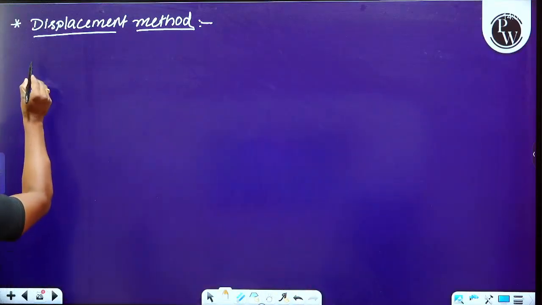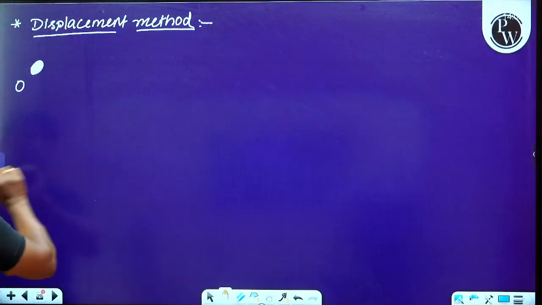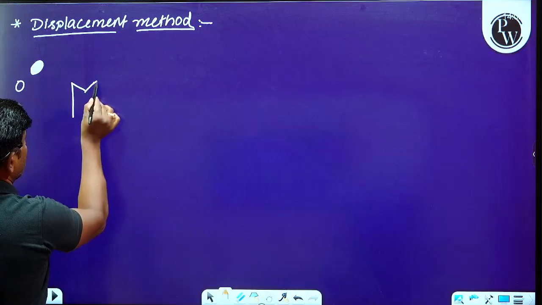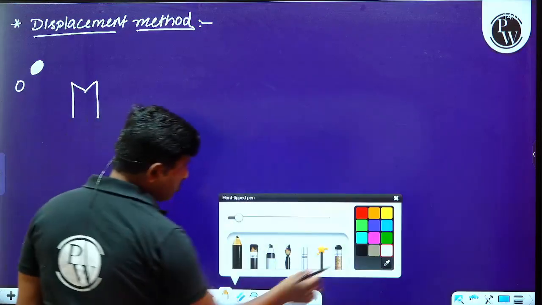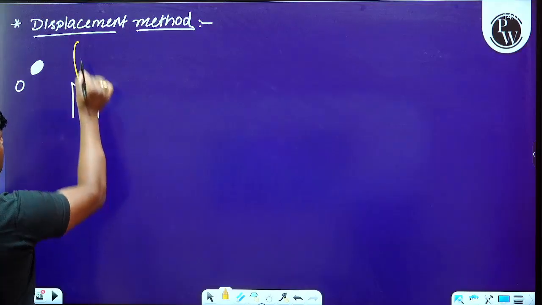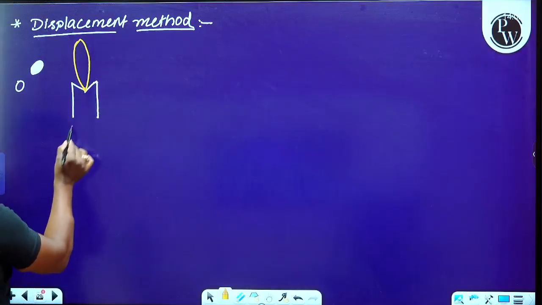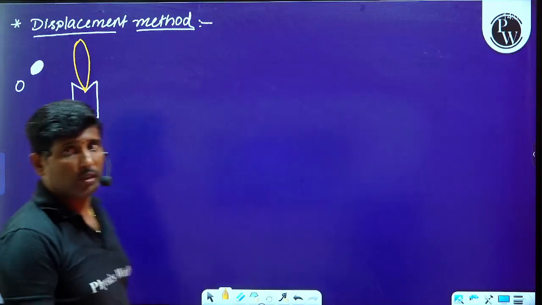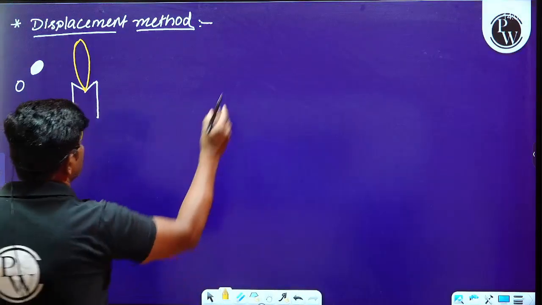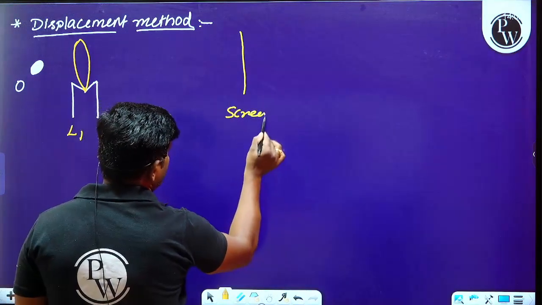So let us consider O is an object. And let us imagine we have considered the lens. This is a lens stand over which we are placing a lens. Let us say L1 is the first position of the lens. And observe this. This is a screen.